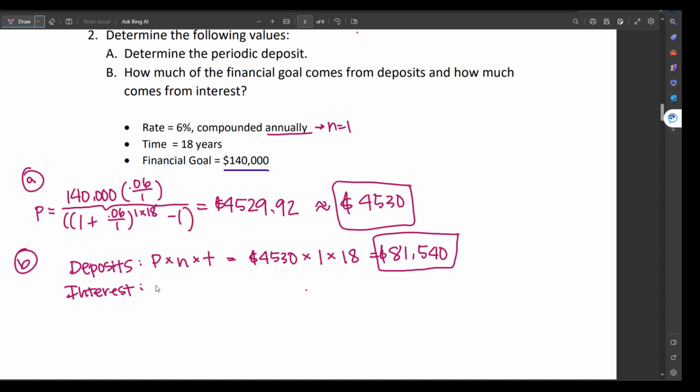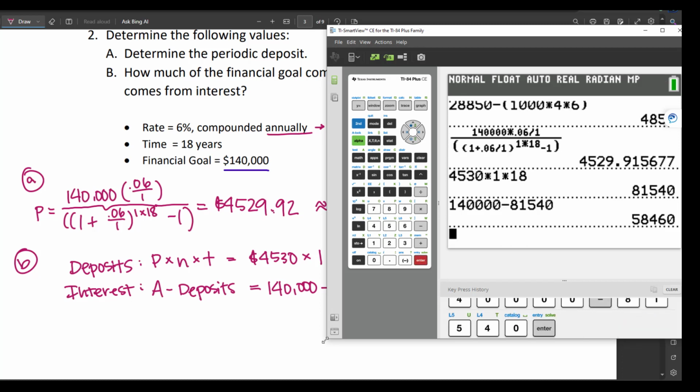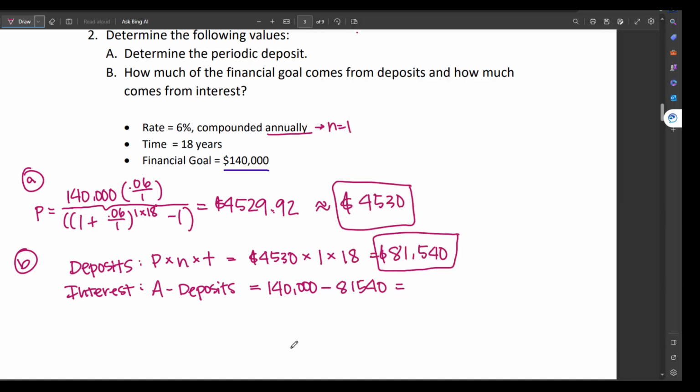And then interest, we're going to take our future value amount and subtract out our deposits. So 140,000 minus 81,540 gives us $58,460 in interest.